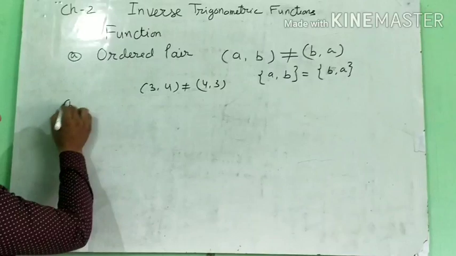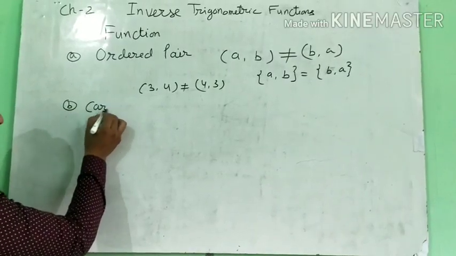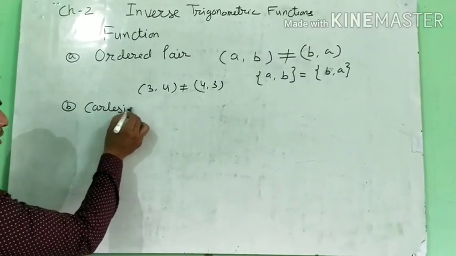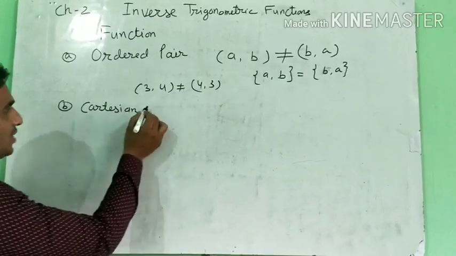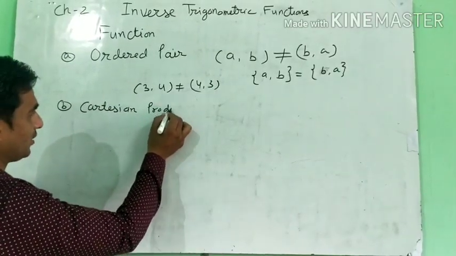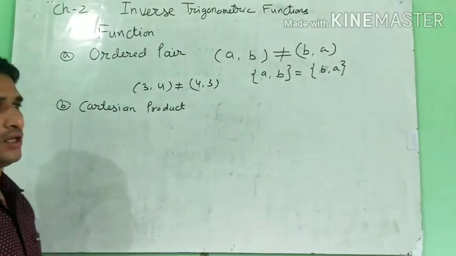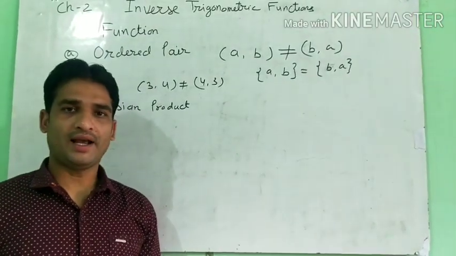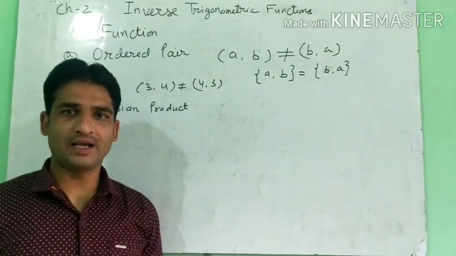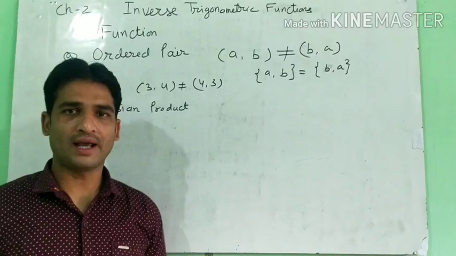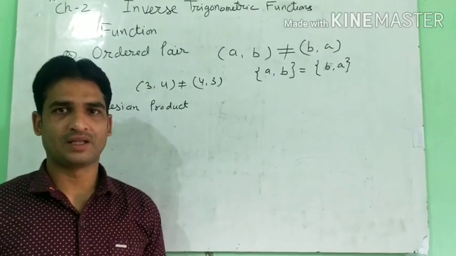Now, second point is Cartesian product. Suppose A and B are any two non-empty sets.